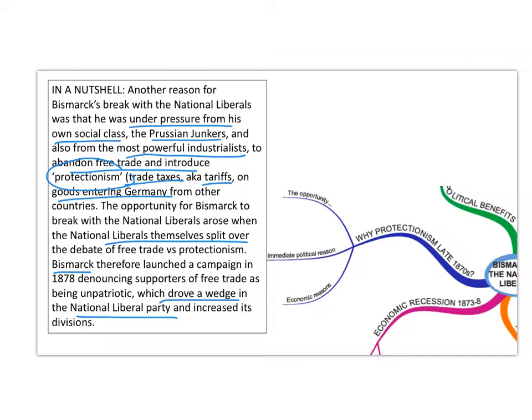Conversely, Bismarck said those National Liberals who want protectionism are good, loyal German people because they want to protect German industry. So Bismarck drove a wedge within the National Liberal Party.